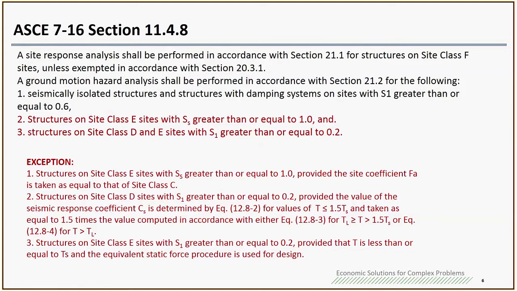First is for site class E, Ss greater than or equal to 1.0. Exception 2 is for site class D, for S1 greater than or equal to 0.2. Exception 3 is for site class E with S1 greater than or equal to 0.2. In the following slides, I will tell you what the exceptions mean.